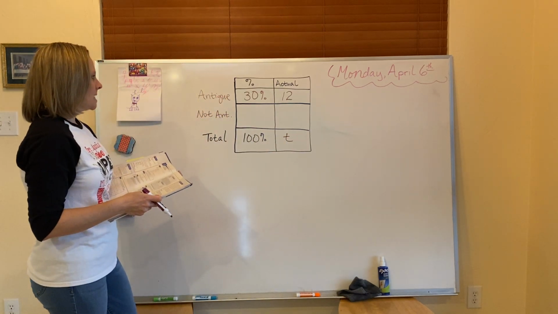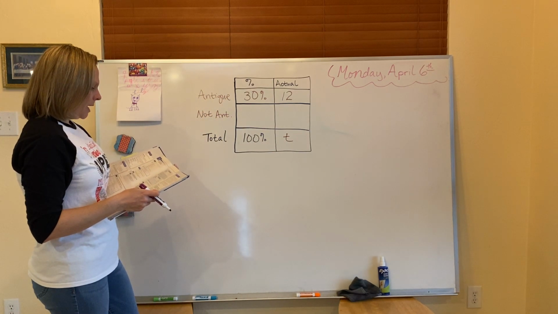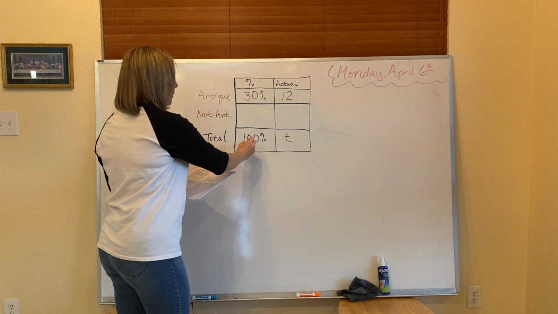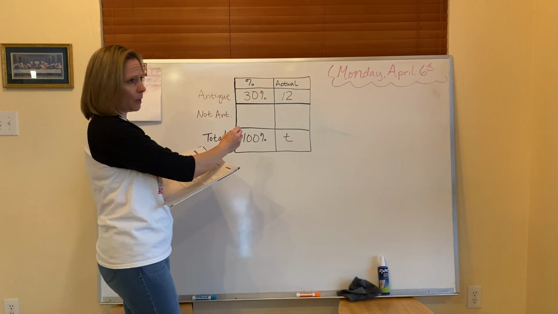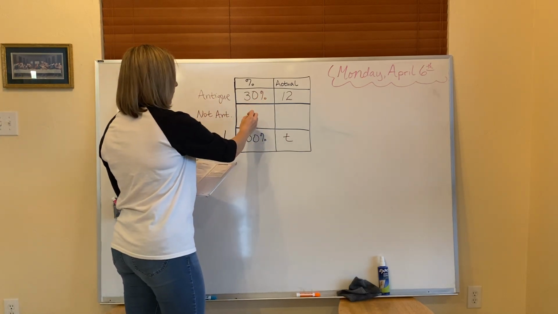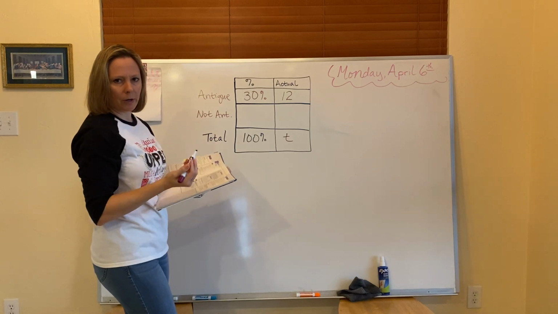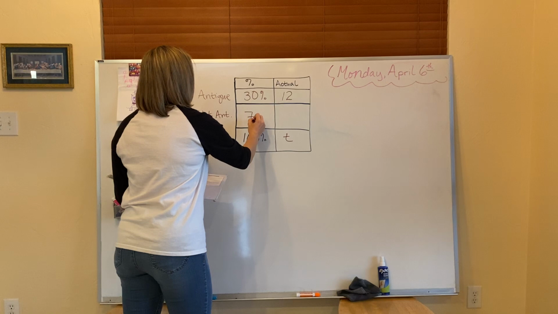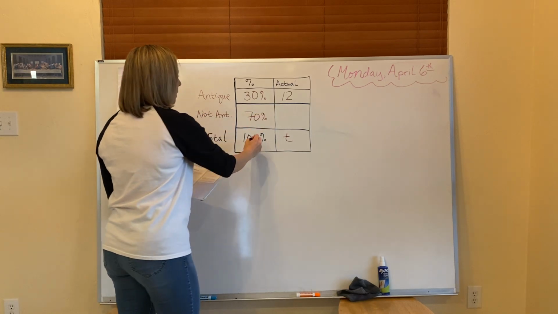Okay, so we know here that our percent column has to equal 100. So we have 30% plus what would be equal to 100%? 70%, right? Because 30 plus 70 equals 100.